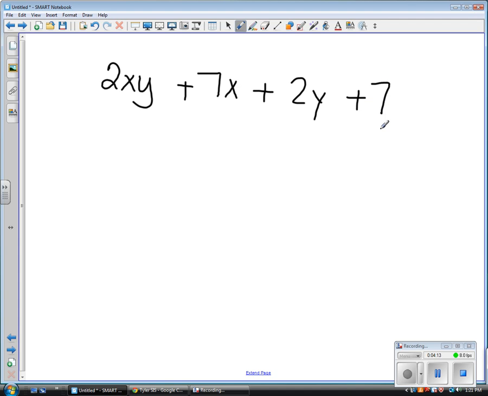Say I have that. So let's group the first 2 things together and the last 2 things together. Is there anything in the first set that I can pull out? X. So what am I left with?